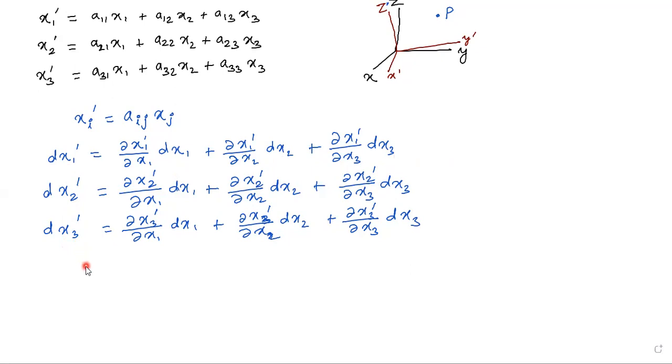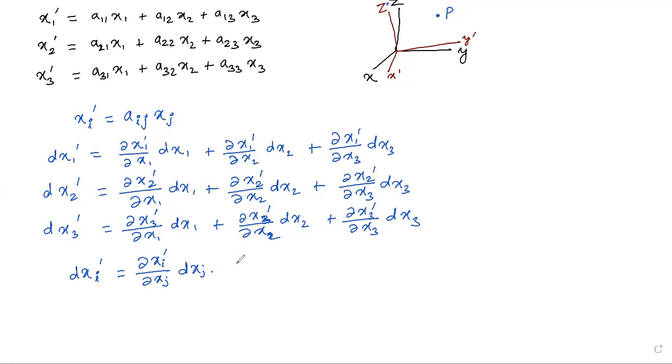And here, in index notation, this set of equations can be written like this: dxi prime equal to dou xi prime divided by dou xj dxj. For the time being, let me use the subscript notation.